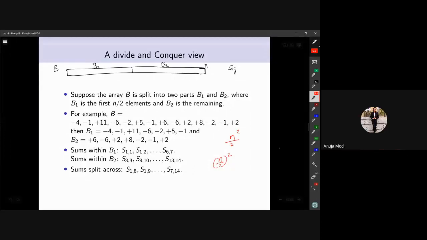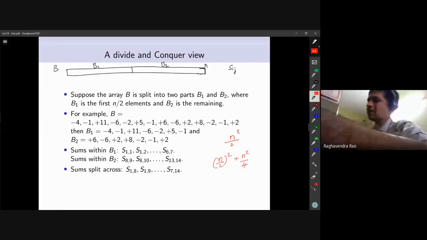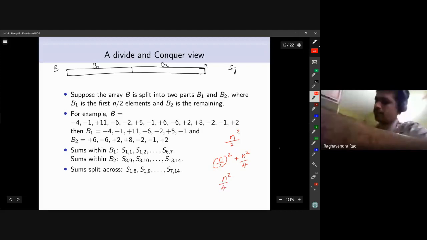The same number, right? N square by 4. Okay. But there are still things which are left out, right? So what are the things which are left out again? Which is again the same quantity, n square by 4 or n by 2 whole square.